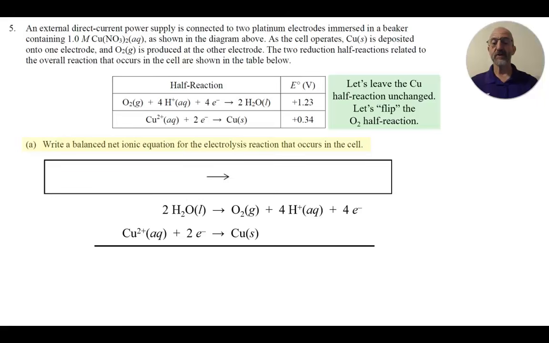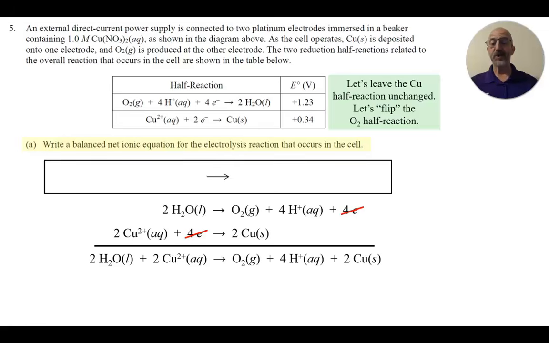So what I will do is multiply the copper half reaction by 2, so I can get 4 electrons to appear on the left. So I'm going to multiply by 2. My coefficients will become 2, 4, and 2. And now I can get 4 electrons on the left, 4 electrons on the right to cancel out. When I add these two half reactions together, I can see that the overall balanced equation for the electrolysis reaction that occurs in this cell looks like this.